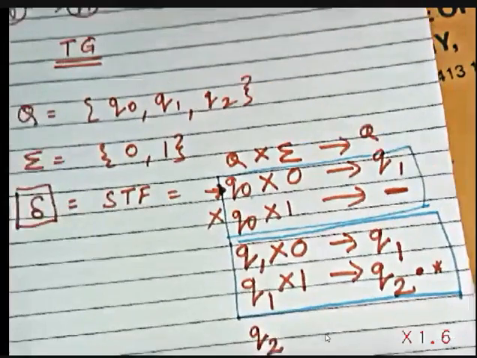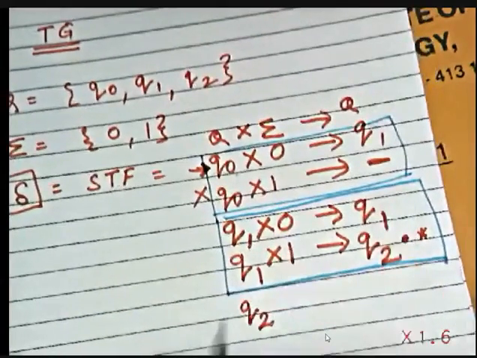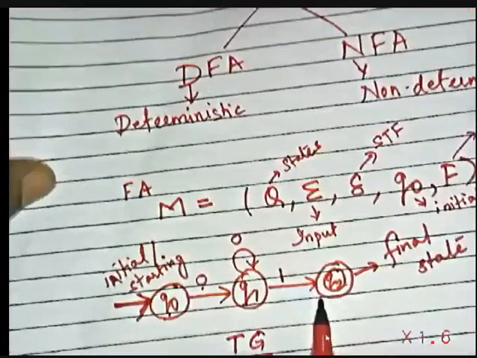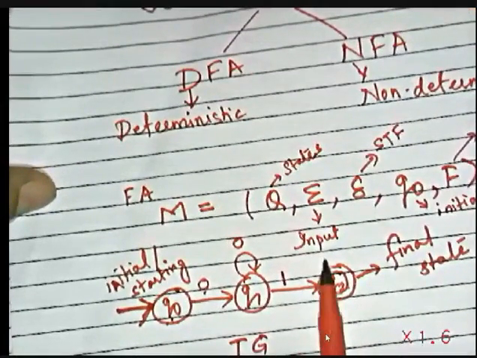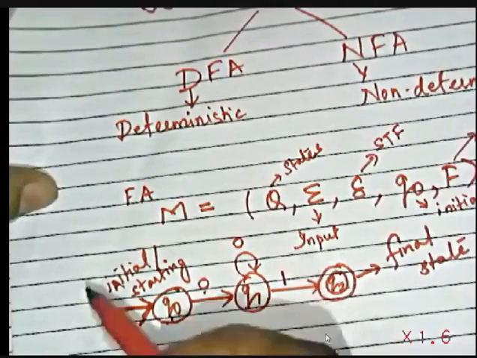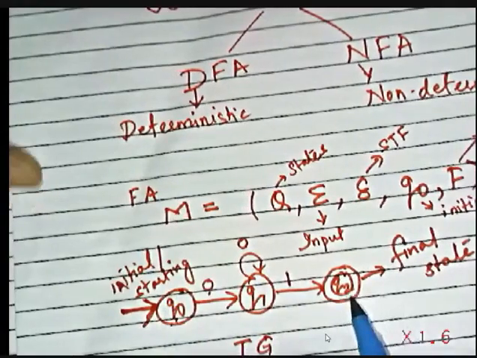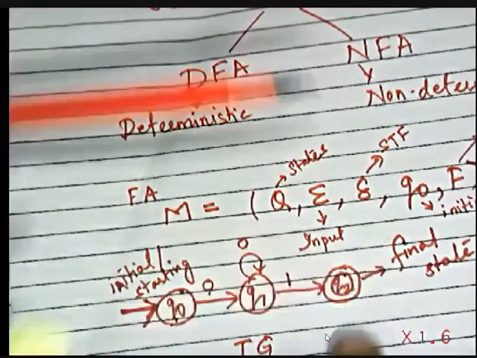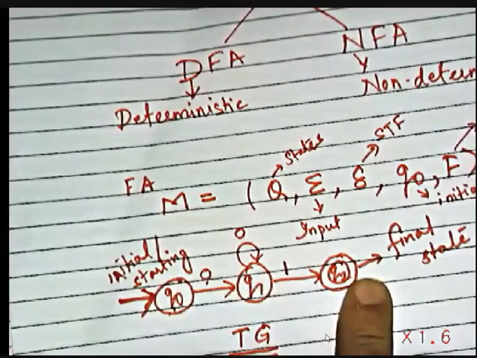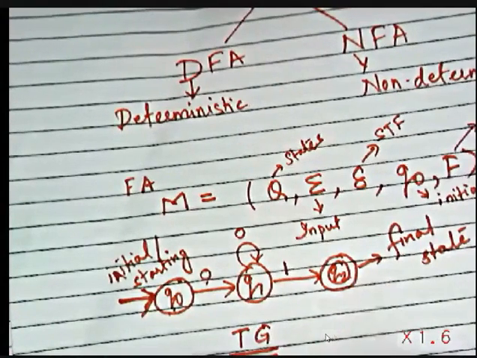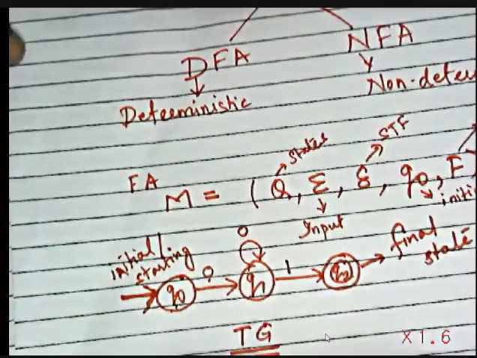Okay. So here Q2 on 0. Now see again this diagram, whether there is any indication in this finite automata of what will happen if you give input 0 to this Q2 state. Yes, tell me.